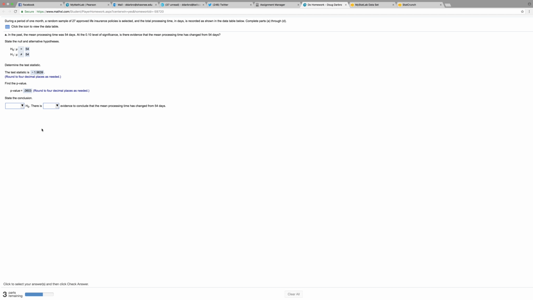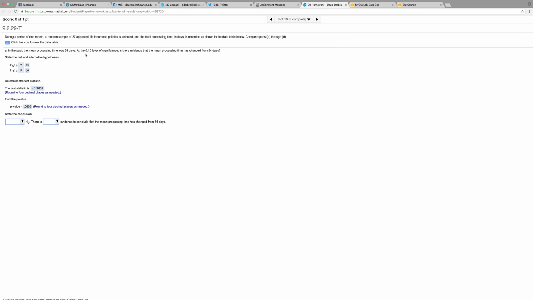State the conclusion. Since our p-value is higher than our alpha... No, it's not. Hold on. Let's see. Does it say anywhere where the alpha is? Okay, so the level of significance is 0.10, so our p-value is less than alpha, so we're going to reject.